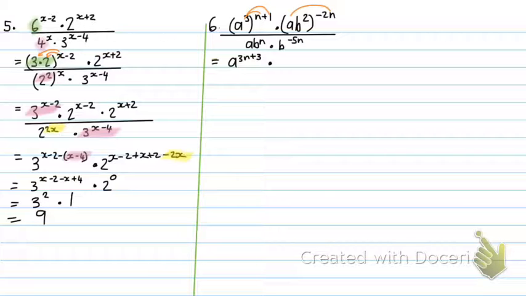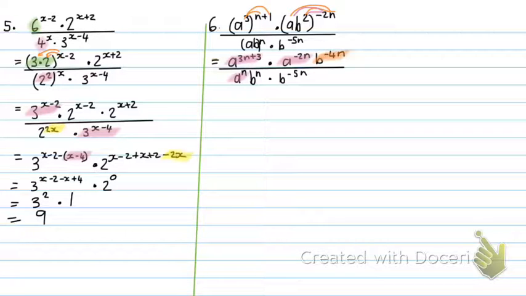Then that negative 2n counts for the a and for the b, so it's going to be a to the power negative 2n and b to the power negative 4n. At the bottom, I had to have that ab in brackets, so it's a to the power n and b to the power n, and b to the power negative 5n.